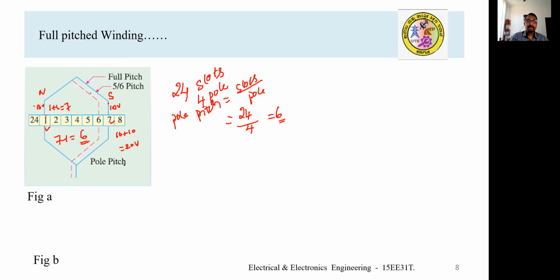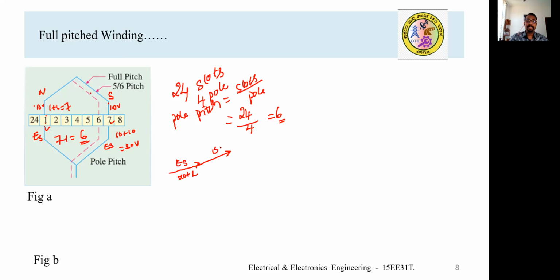In general, if the voltage induced in slot number 1 is ES and the other side is also ES, what is the total induced EMF? If you draw the vector, this is the slot number 1 voltage, ES, and the slot number 7 induced voltage is in the same line.